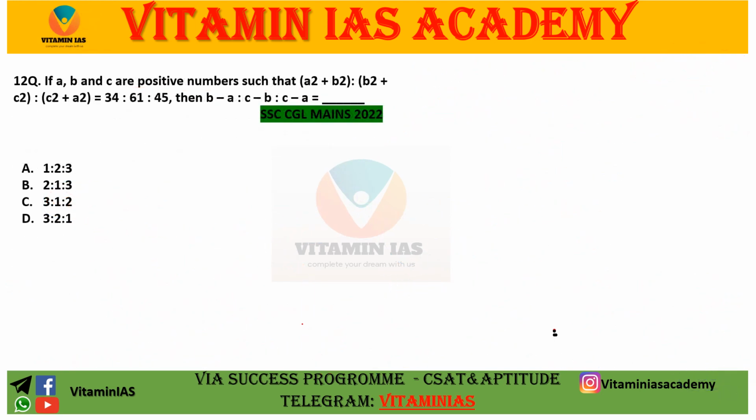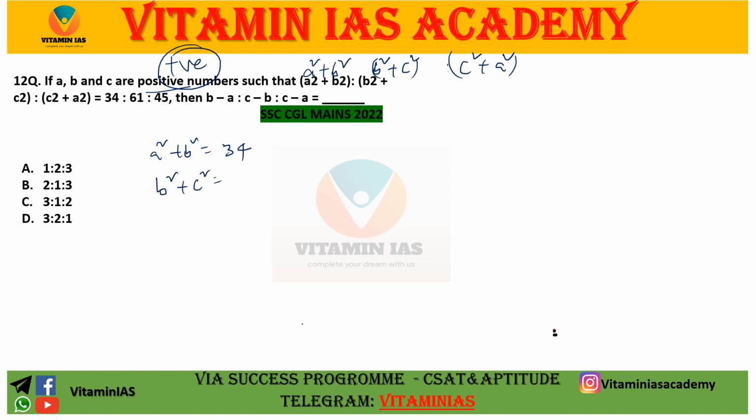Question: if A, B and C are positive numbers, they are saying positive numbers, such that A square plus B square is equal to 34, B square plus C square is equal to 61, and C square plus A square is equal to 45.